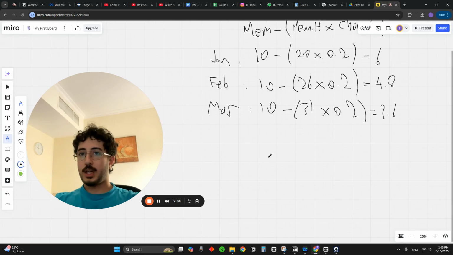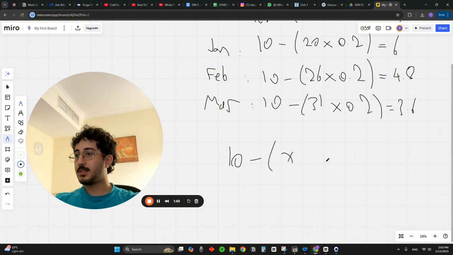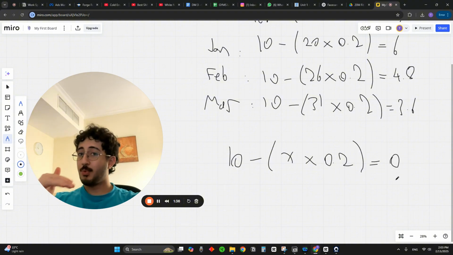So if I had to do the calculation, here's what that would look like to know exactly when or how many members you'll be capped out. You play around with the variables a bit. You rewrite the equation. Let's say we want to use the same numbers again. Instead of using any of these numbers, you just name it X. You multiply it by the churn rate, and let's say we make it 0. That's where you will be capped.